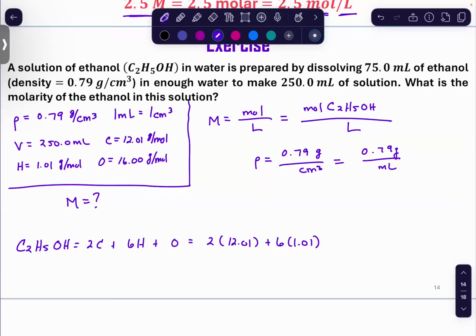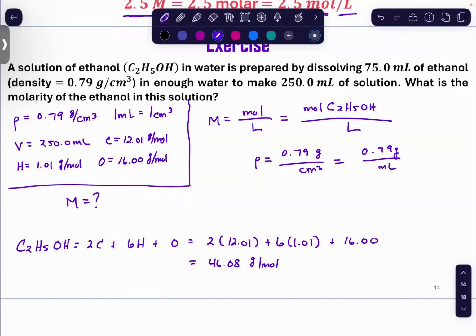I want to see you do this up through chapter 4, but then once we get beyond that, you can just write down what the molar mass is, probably up here in this box. You can make a list of molar masses you'll need to solve the problem, because once we get past chapter 4, I'm pretty convinced you know how to do this. And we add this all together and get 46.08 grams per mole.